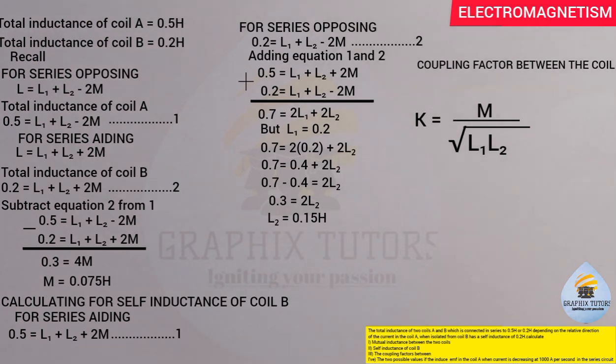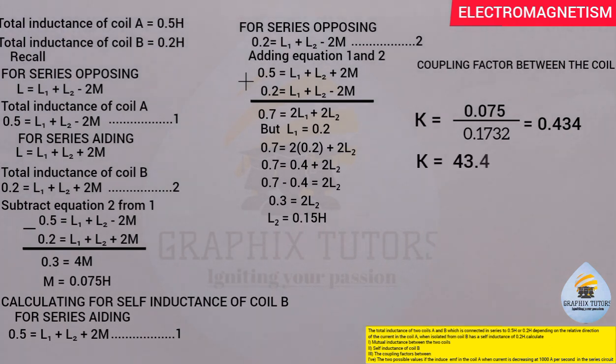So my coupling factor K equals, inputting your values, M is 0.075 divided by the square root of 0.2 times 0.15. The square root of 0.2 times 0.15 gives 0.1732, and that gives us 0.434. If you multiply by 100, you'll have 43.4%. And that is my coupling factor K in percentage.